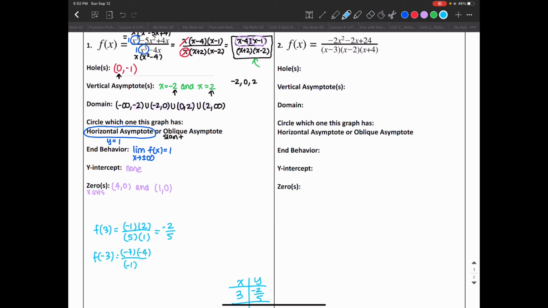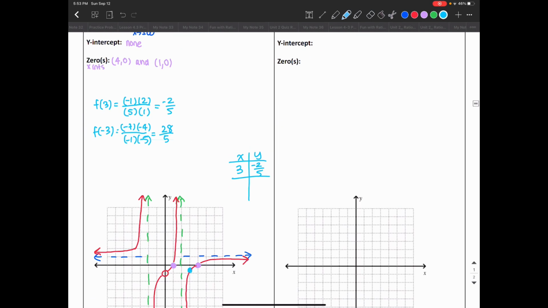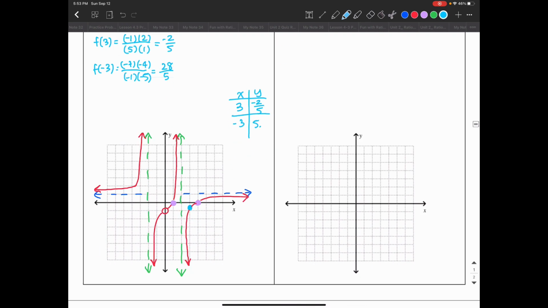So that would be 28 over 5, which, if I estimate it, is like 5 point something. And so that was -3. And so I should be at -3 and 5 point something. 1, 2, 3. Yeah, that looks right. Okay, and that is number 1.